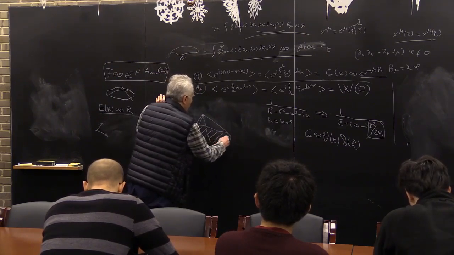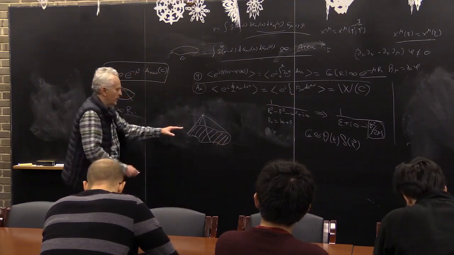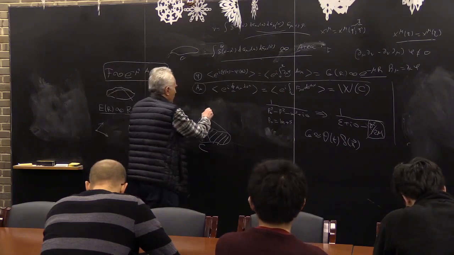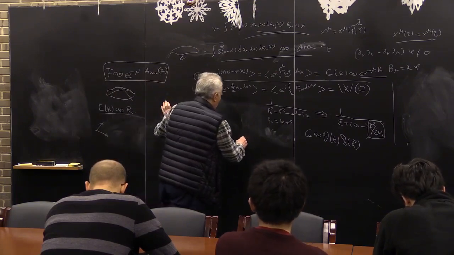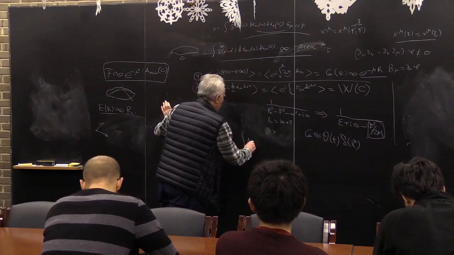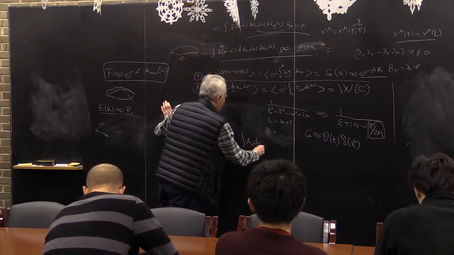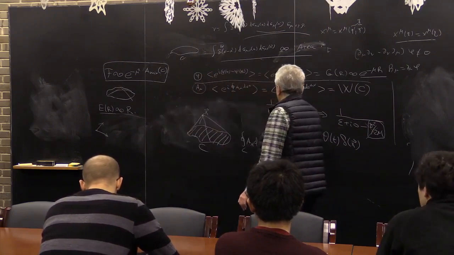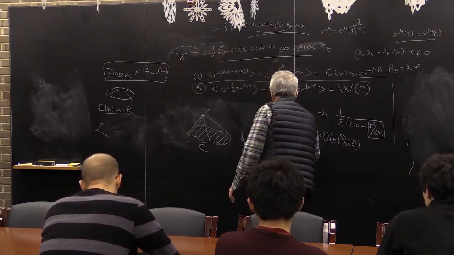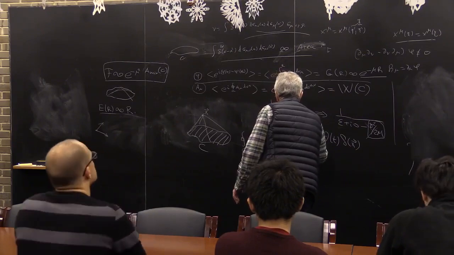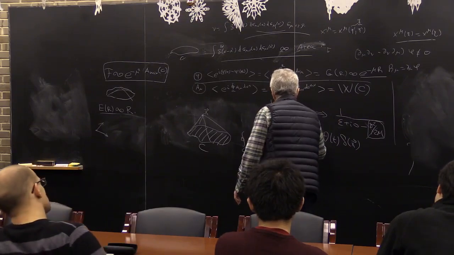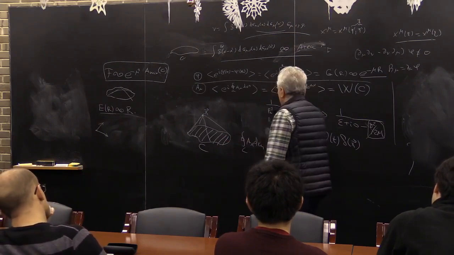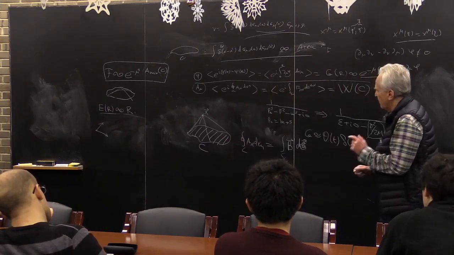Namely, we take the surface for the contour C, the monopole is here, and instead of calculating the integral of A mu dx mu over the contour, you use the Stokes theorem and you calculate the flux of B ds, or d sigma, over this surface with boundary C.